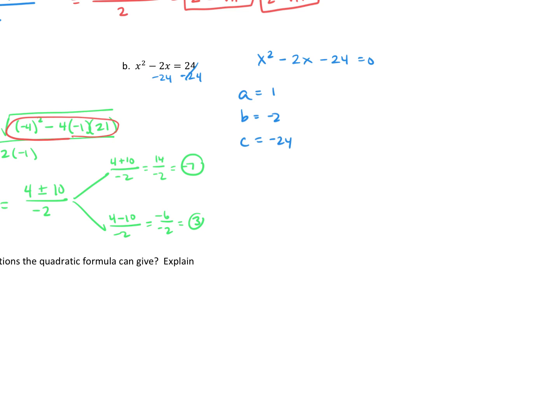We're going to plug those into the quadratic formula. So x equals negative b, so negative negative 2, plus or minus the square root of b squared minus 4ac. So here's our b squared minus 4 times a times c all over 2a.